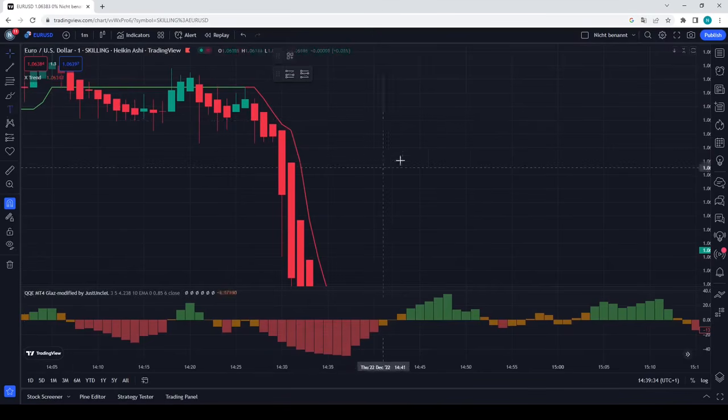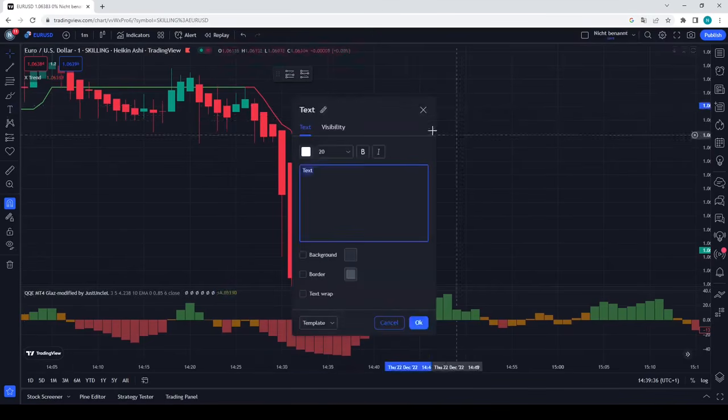For a short trade, we have the same signals, only in the opposite direction. So for a short trade, first the line changes from green to red. Second, we need a red candle after the line change.